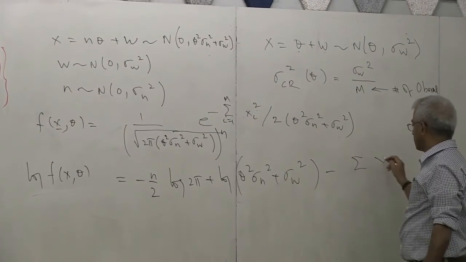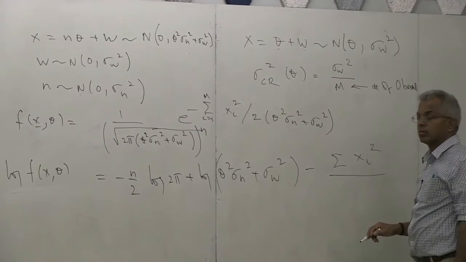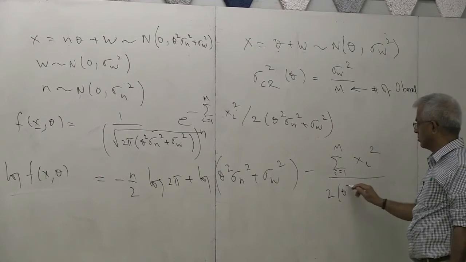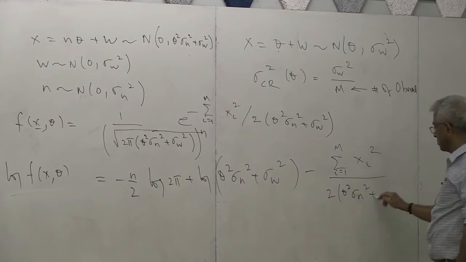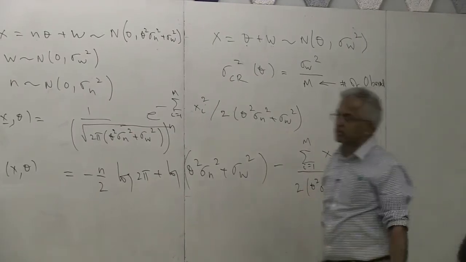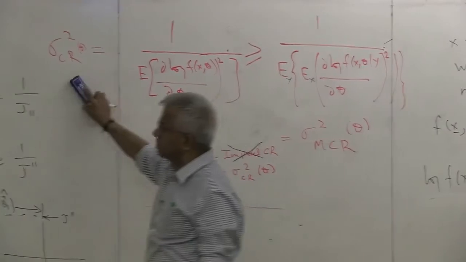Minus sum of xi squared over 2, right, theta squared. All right, so there is some work to do. I'll come back to this, but let's see how easy the modified Cramer Rao bound is.